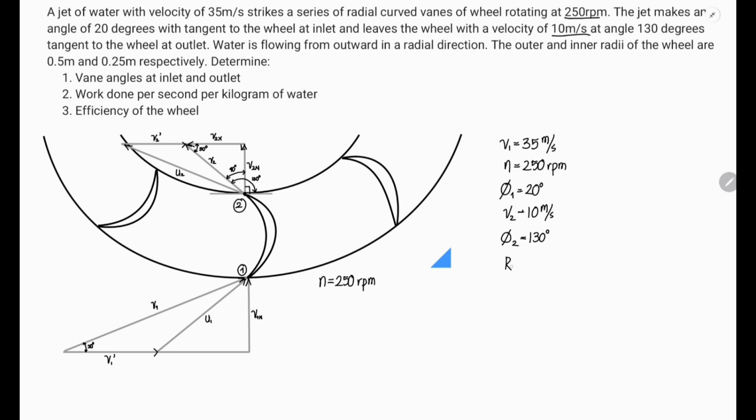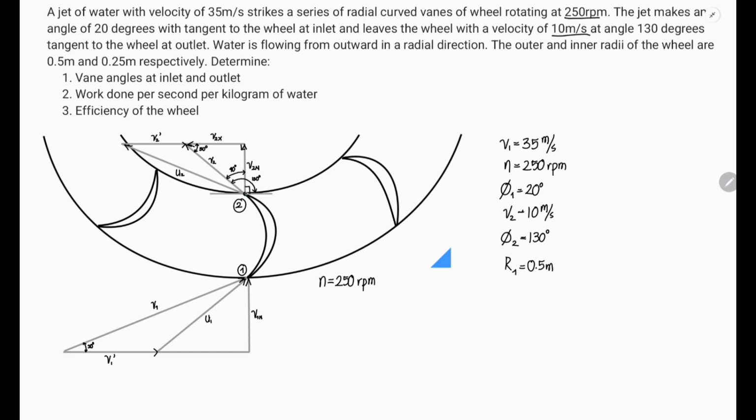So, ang tinutukoy na dun ay radii ay yung measure from the center to this point and to this point. Ang outer radius is the radius at point 1. So, ilalagay natin R1 is equal to 0.5 meters. And then, yung other radius, which is 0.25, that is the inner radius from the center.